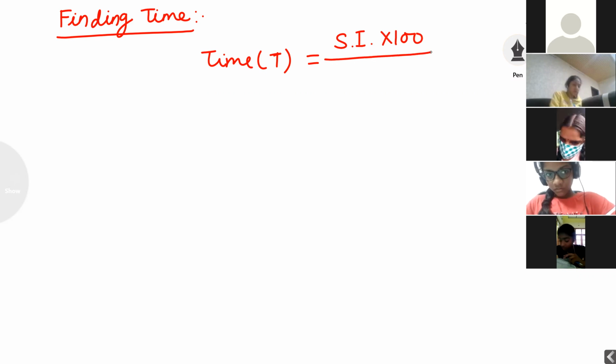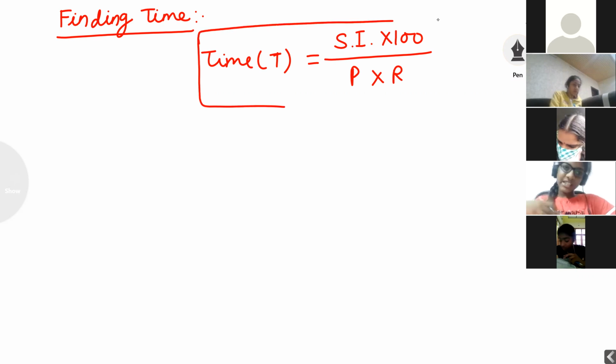What is remaining here? Principal and rate. P into R. Time t is equal to SI into 100 divided by P into R.